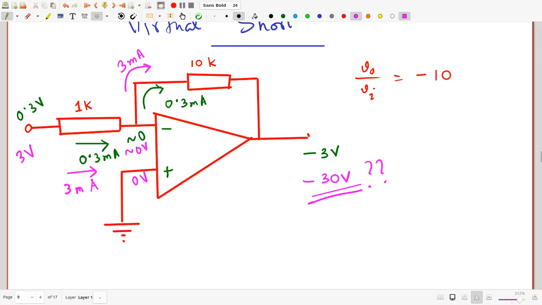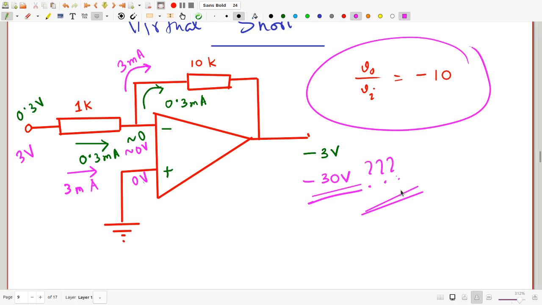Now, all of you must have realized that there is a big problem here. As I kept on stressing, the output voltage comes from the power supply ultimately. So if you have a 3 volt input and you are predicting a minus 30 volt output, which of course is fully consistent with VO by VI being minus 10, you run into this problem.